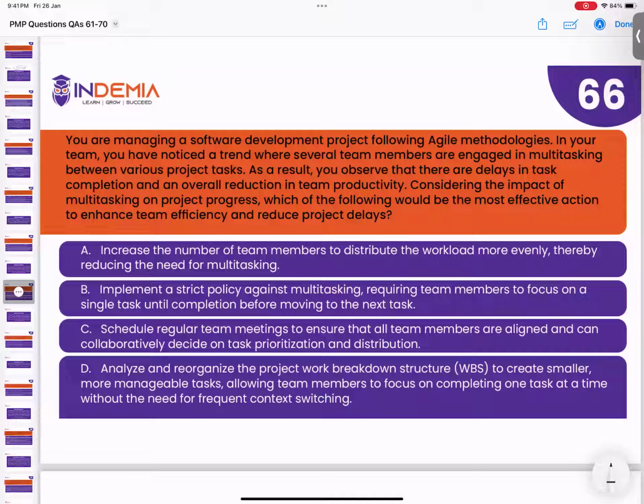I remember that once you told that in order to even the workflow, if you add one more person, then the work will be distributed evenly, so that the people can complete it on time. It talks about even work distribution, and that will also reduce the multitasking, and I think that is the more relevant answer for this question.